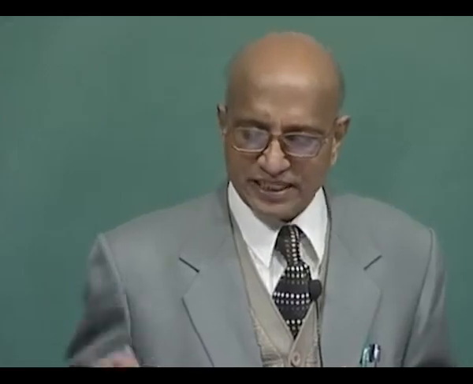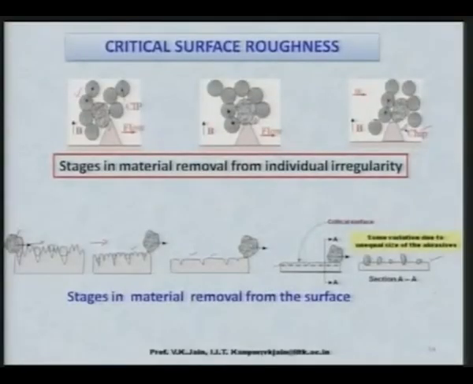As you can see in the last figure, there are abrasive particles of different sizes, and they will create scratches, or the depth of penetration will be different in each case, depending upon the force acting on the individual abrasive particles. That is why the critical surface roughness value keeps slightly changing on either side of that particular Ra value.